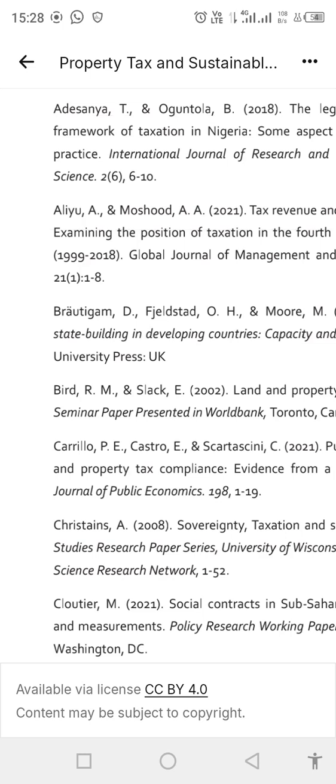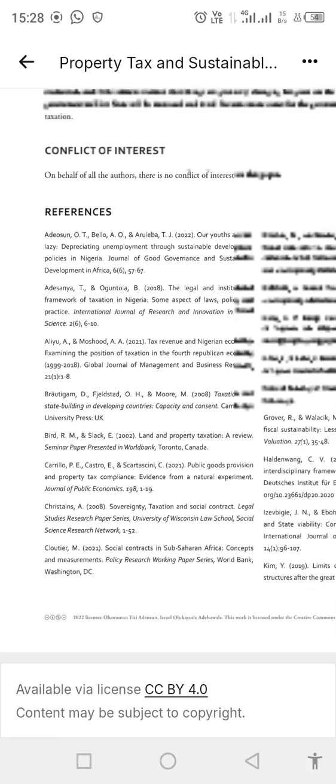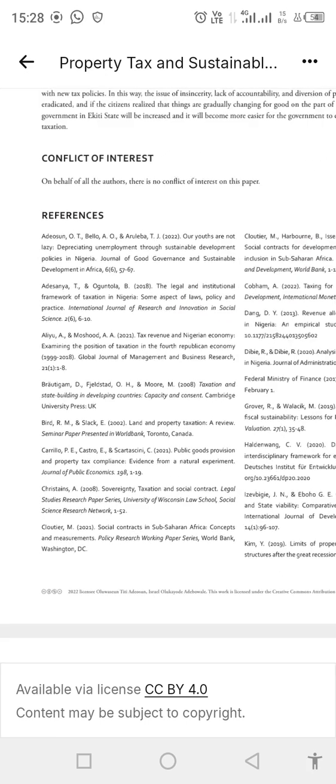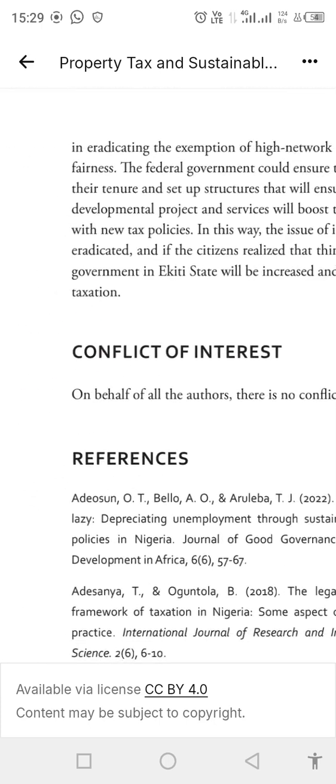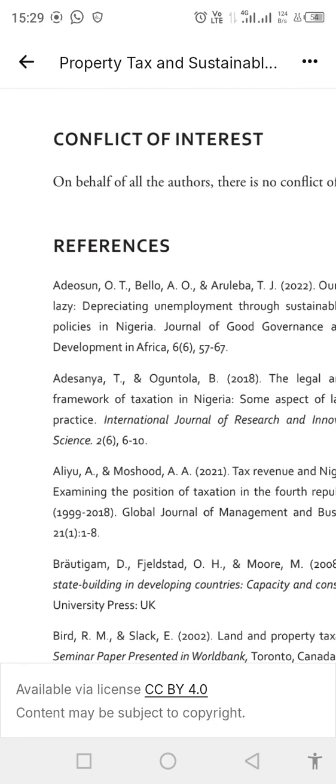Sorry, there is one thing I want to call your attention to here, and that's the fact that this particular journal source does not follow fully the APA 7th style. I want us to know that, because you might be wondering why the second line does not start under the fourth alphabet here.